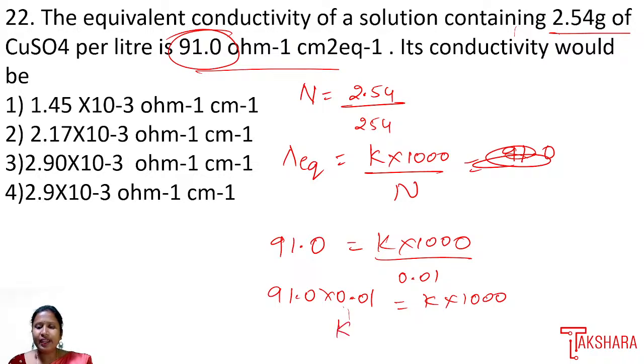So k is equal to 91.0 into 0.01 divided by 1000. That is equal to 0.91 divided by 1000.